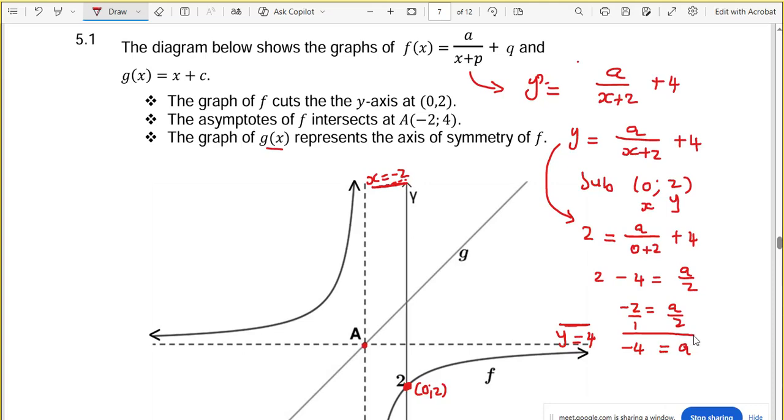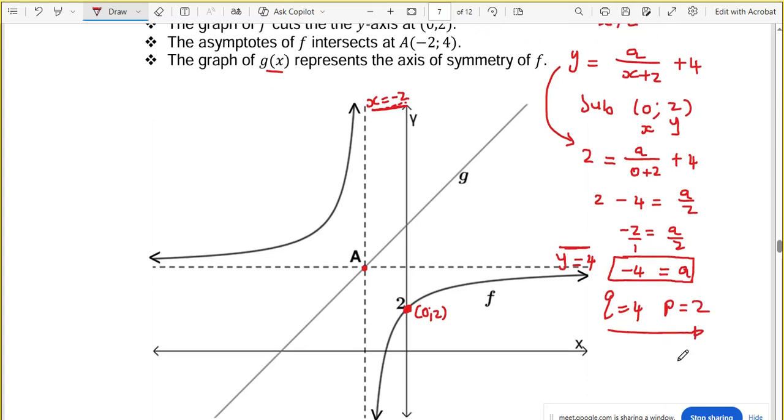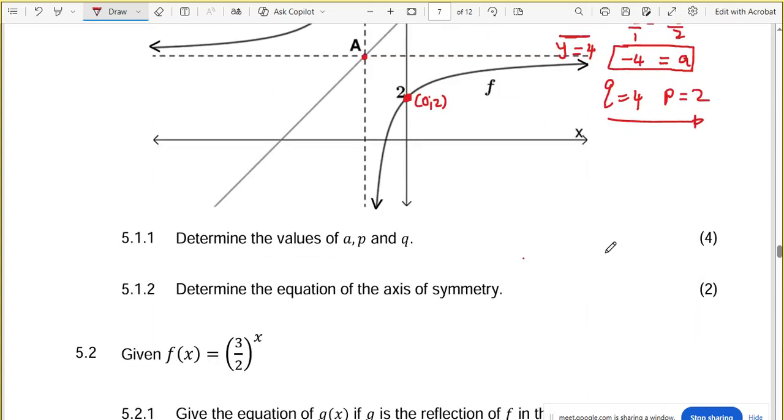So you just have to cross multiply to find the value of a. When you are done, you have the value of a as minus 4, q as 4 and p as positive 2. This is what you were supposed to do to get the format.